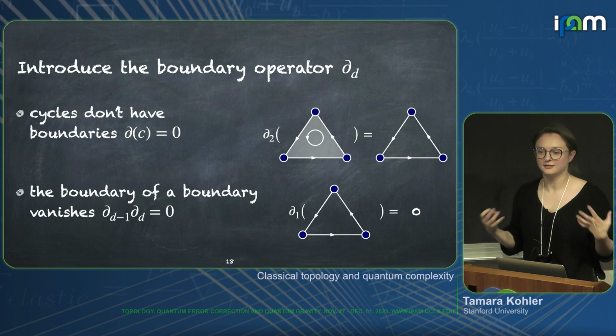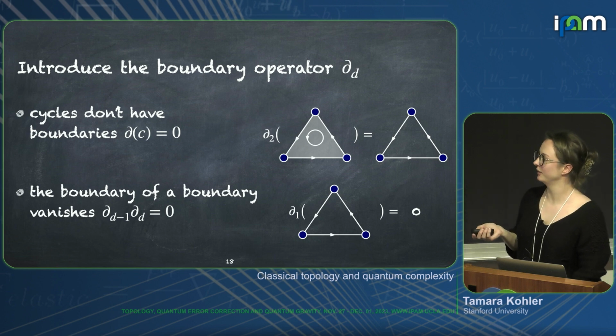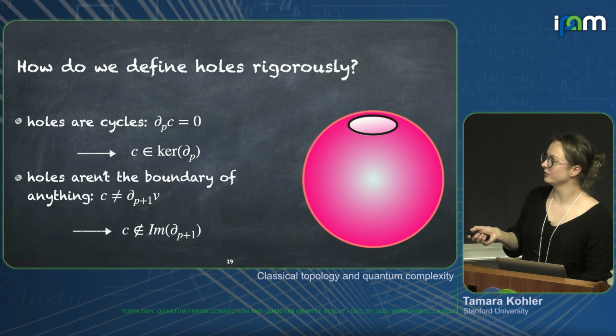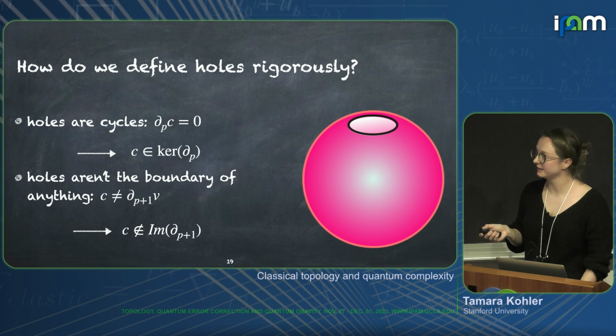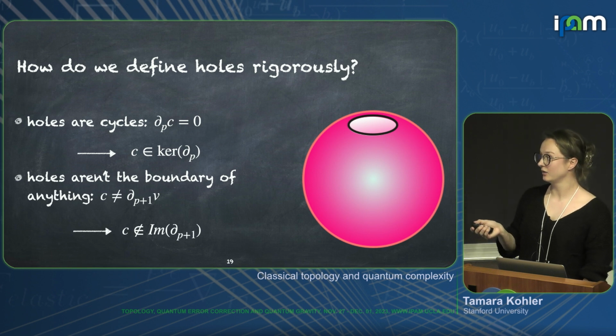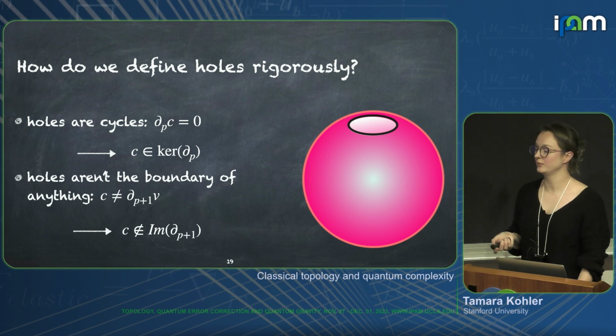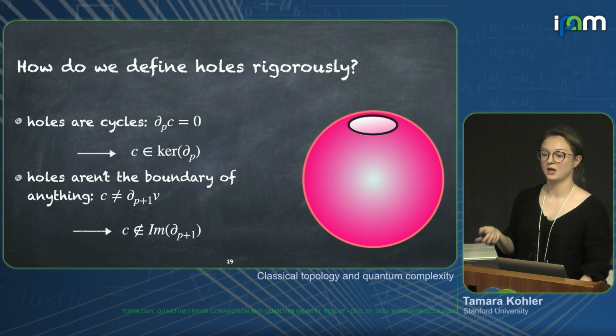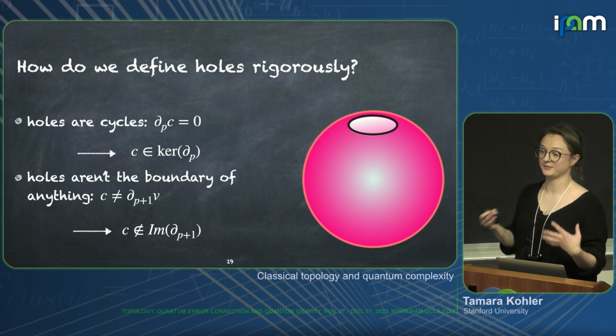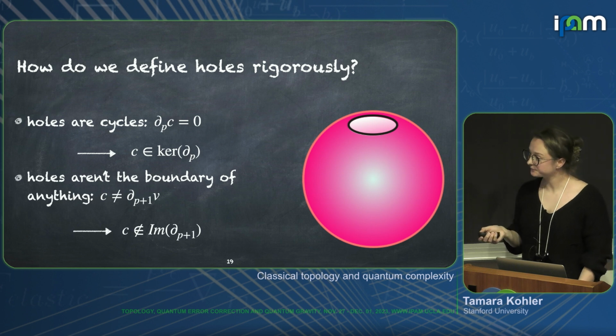Okay, so how can we use this to fully rigorously define what we mean by a hole? We've said holes are cycles. So that means that if you act on a hole with the boundary operator, you'll always get out 0. So we have that holes are in the kernel of the boundary operator. We also said that holes aren't themselves the boundary of anything.